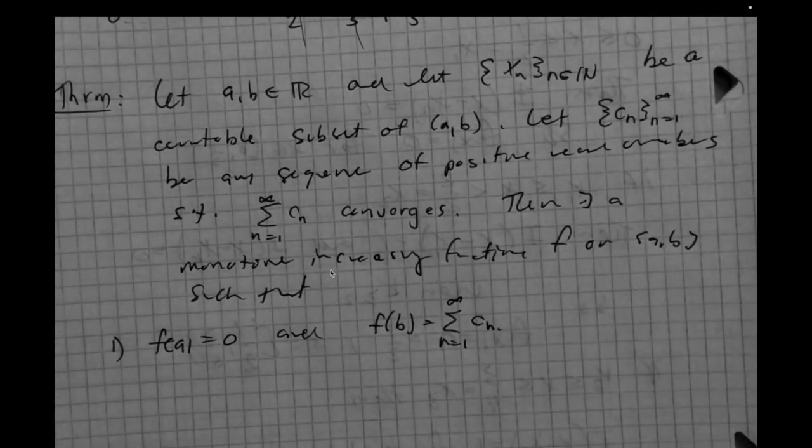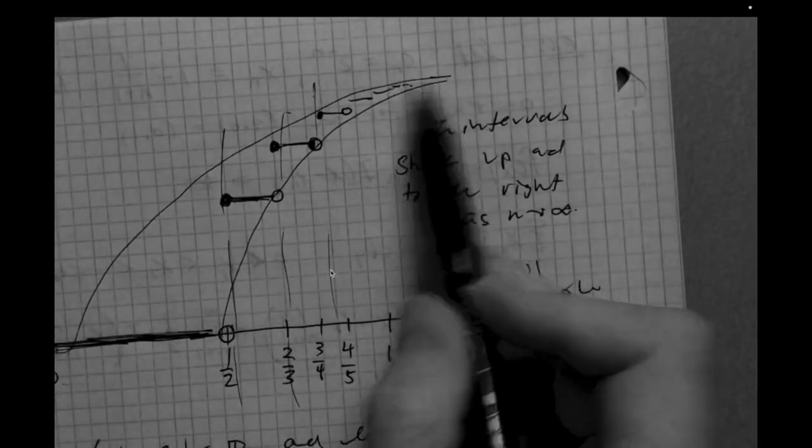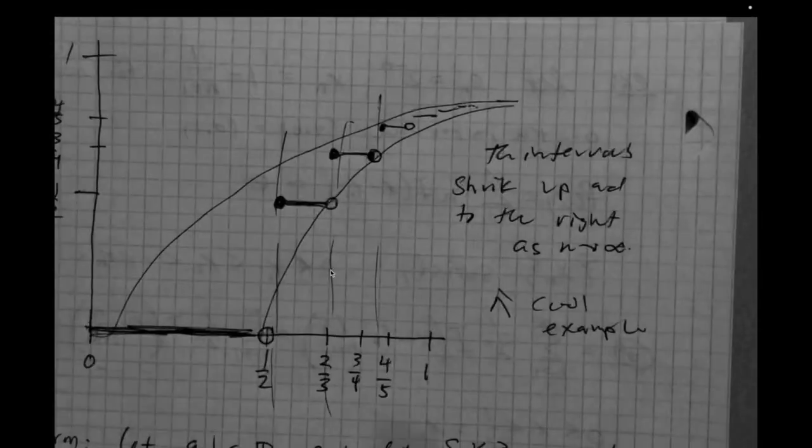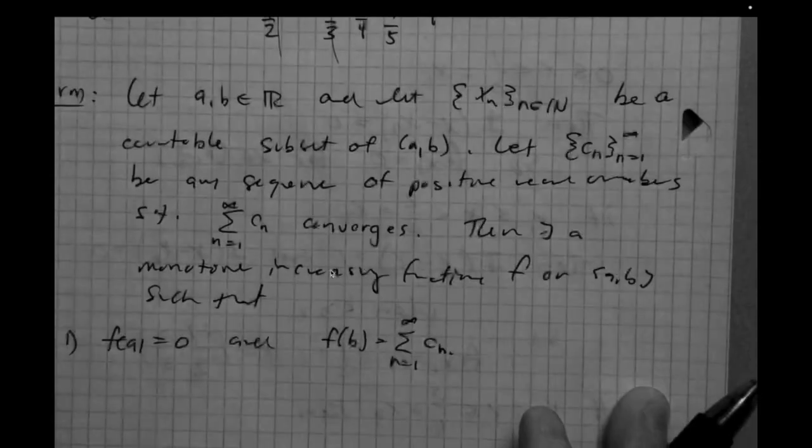So the Cn values, whatever they converge to, that's the value of the function at the right side of the interval, right? So look up here, you can see that that would be the case here. The Cn's are all going to converge to 1.